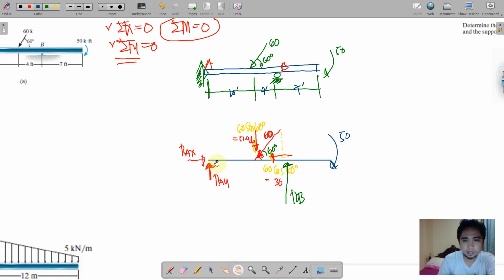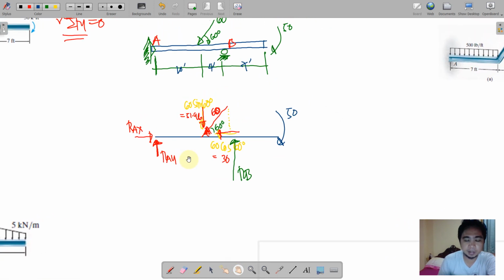Okay, so this now is our free body diagram. And of course, we do not want to omit the distances here. Okay, this is 10. Sorry. This is 10. This is 4. And that is 7.